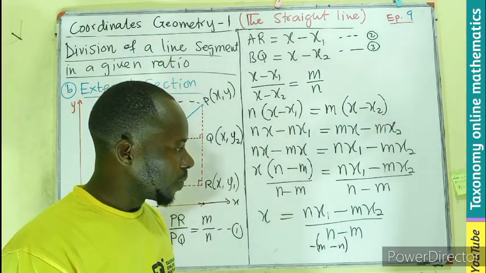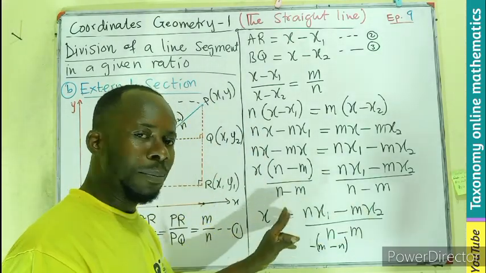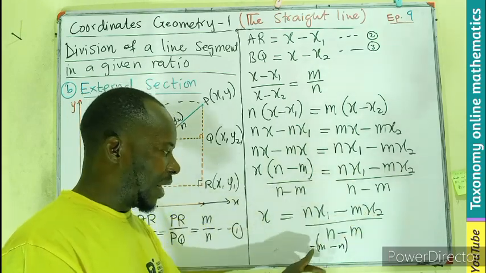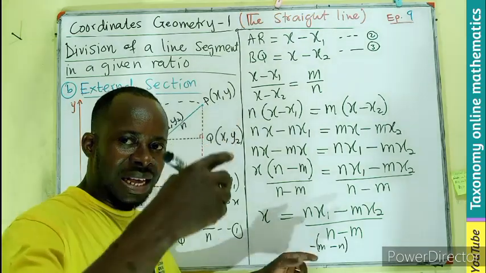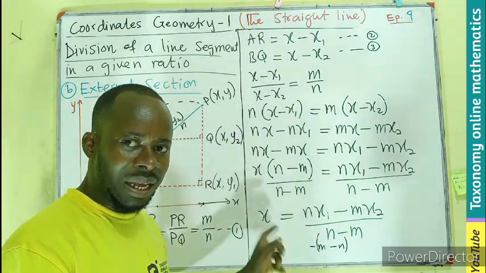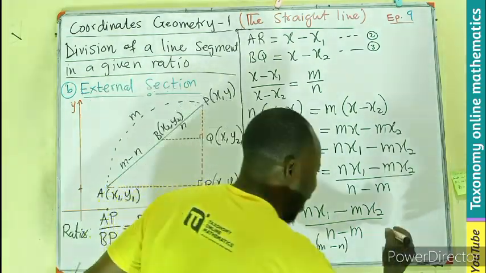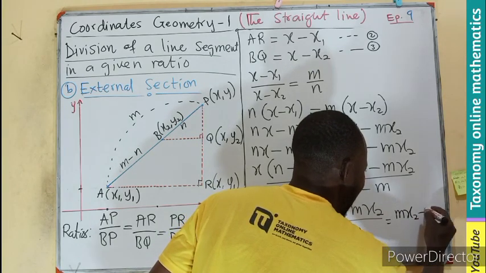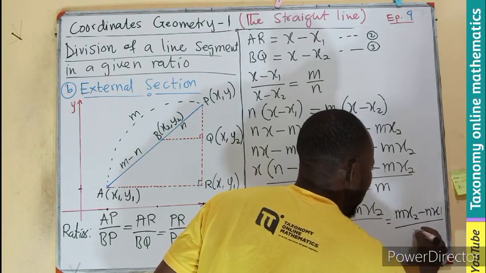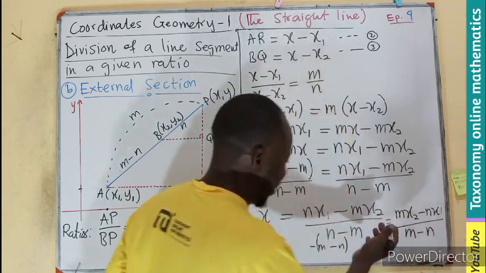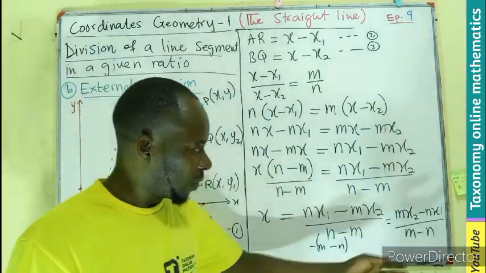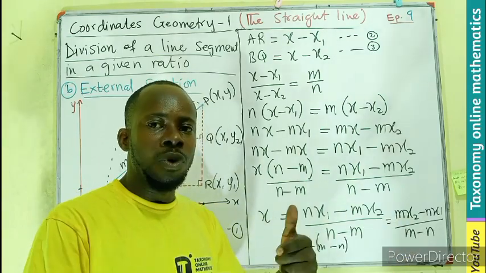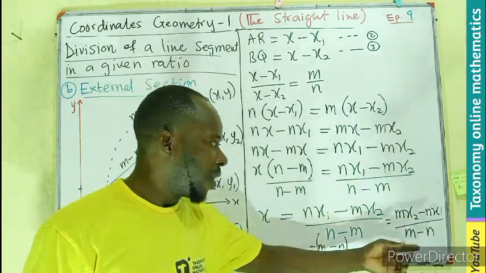I can do so. Similarly, I can do the same. The negative will come forward. So when I see negative in the numerator and negative in the denominator, they will both cancel, leaving us with only mx2 minus nx1 over m minus n. So we can get this if you want to follow the internal division, bringing the m coordinate first before the n.